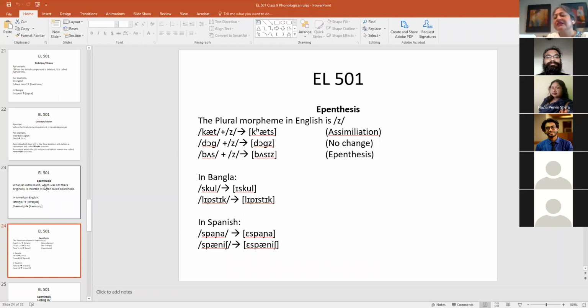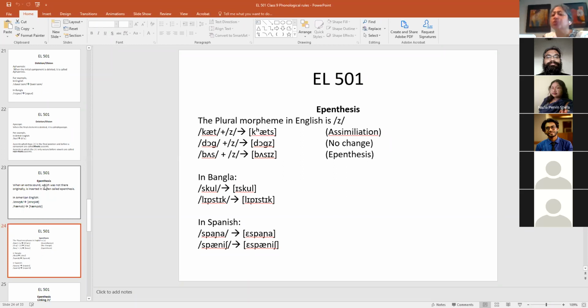So this here is an example of epenthesis. In Bangla, Bangla does not originally have s-k, s-p, s-t consonant clusters in the beginning of words. These are usually found in words that we have borrowed from other languages, mostly English.